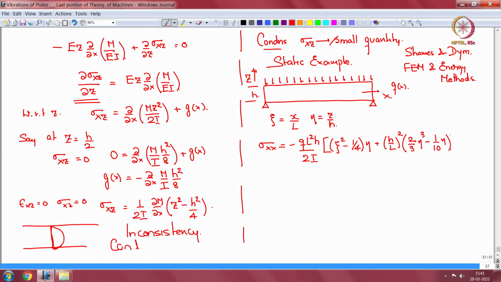Okay, this is a full elasticity solution.